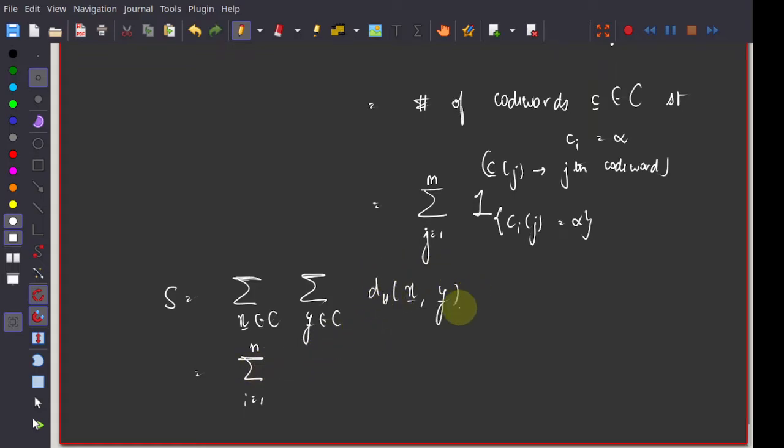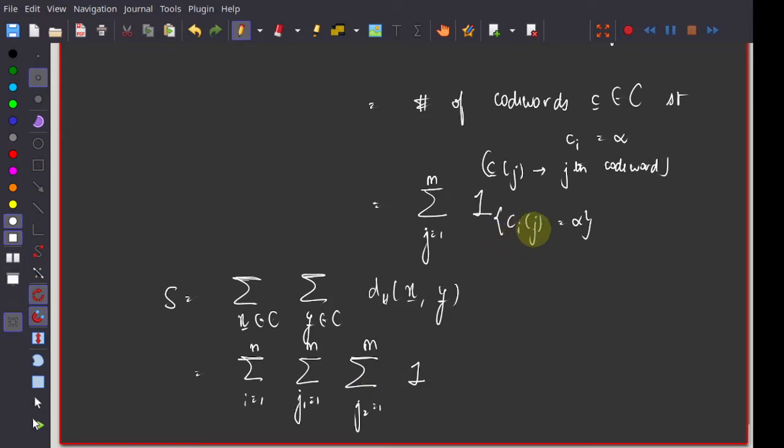So this Hamming distance is the same as summation over j1 equal to 1 to m, summation j2 equal to 1 to m. So there's a contribution of 1 to the Hamming distance if x_i is not equal to y_i. Right?